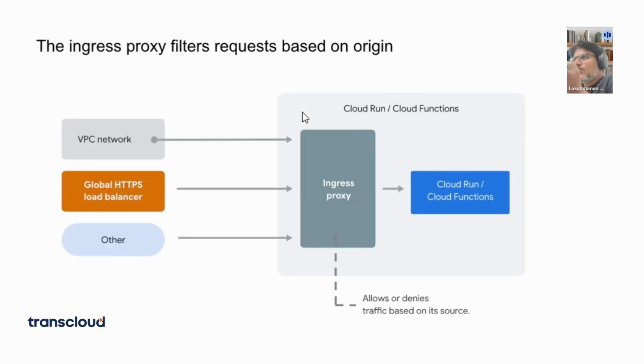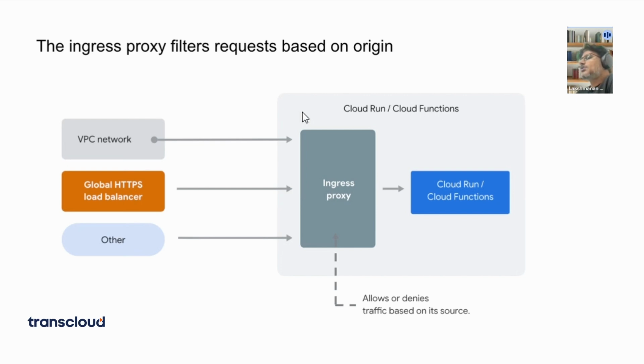Now, in the case of ingress, Google Cloud protects it. There are 3 different settings that you can configure. But what generally happens is that before your services, Google Cloud will be running something called the ingress proxy. And what the proxy does is filter requests based on the origin of the request.